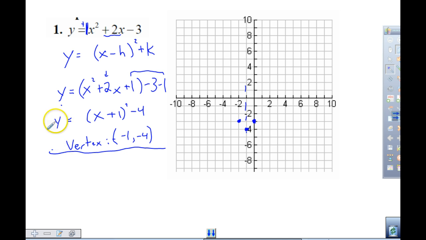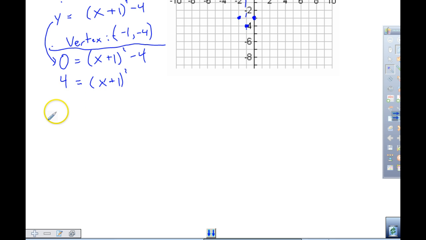So to solve it, I just take this from here and I make it 0. Because remember, solving means finding x-intercepts. That's when the y is at 0. This is y is 1, 2, 3, 4. Y is negative, so we're trying to find x-intercepts. That's 0. So that's why we changed the y to 0. Alright. Add 4 to both sides. Square root both sides.